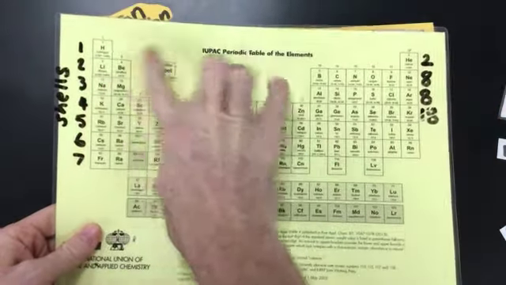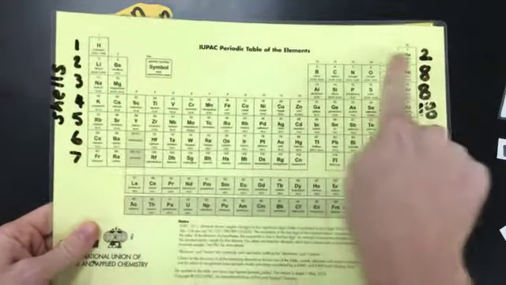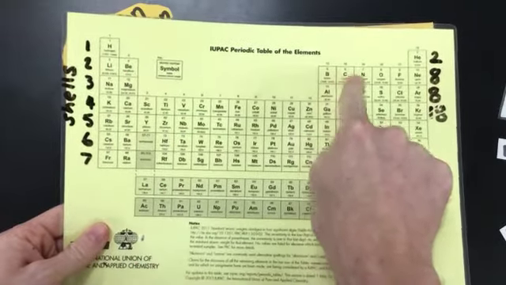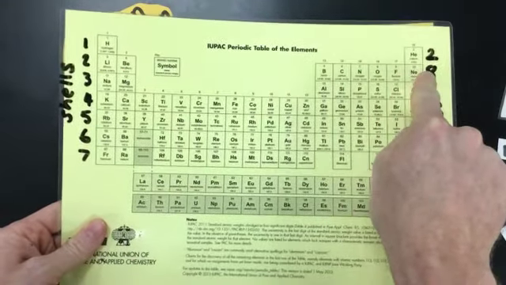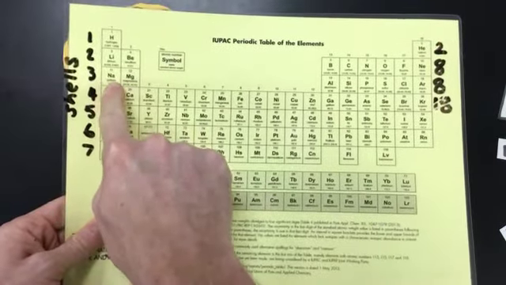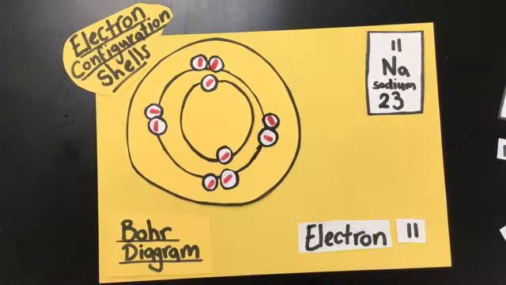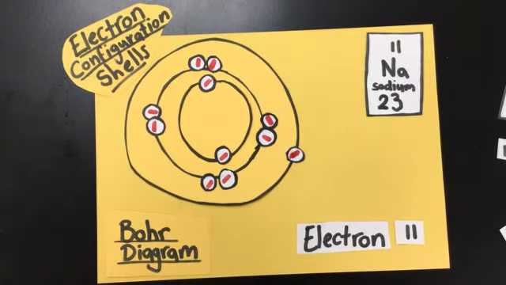We have now done a complete first shell, 1, 2. We've done a second shell of 1, 2, 3, 4, 5, 6, 7, 8. And now we have 1 more. This 1 is to go in our third shell over there. And that one's out on the side there.